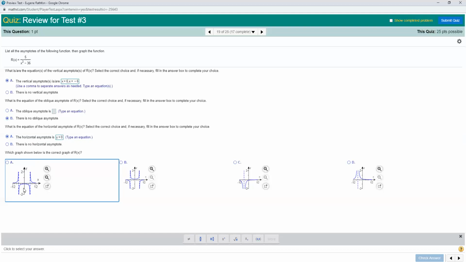That's not crossing. So what we got to do is put a 0 here and see if this is going to be negative down here, or is it going to be positive, and find a y-intercept. So if you put a 0 there, you get 5 over -36, which means it's negative. So since it's negative where it crosses the y-axis, you got to use A versus B. Had that been a plus 36, then we went with B on that, okay? Ooh, they're getting tricky on some of these. But I took that off because I didn't like y'all having to guesswork on some of that.